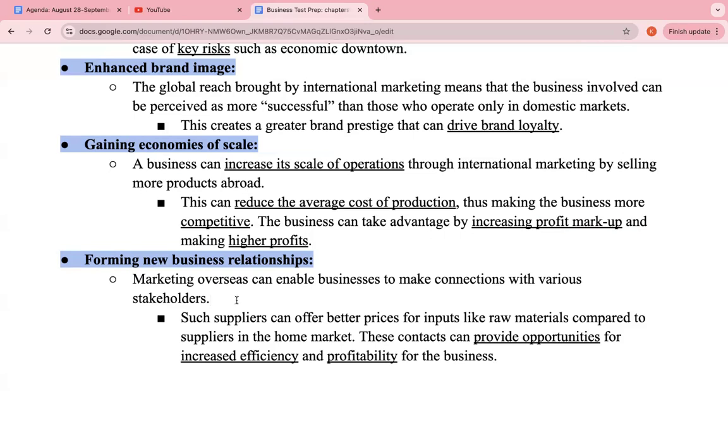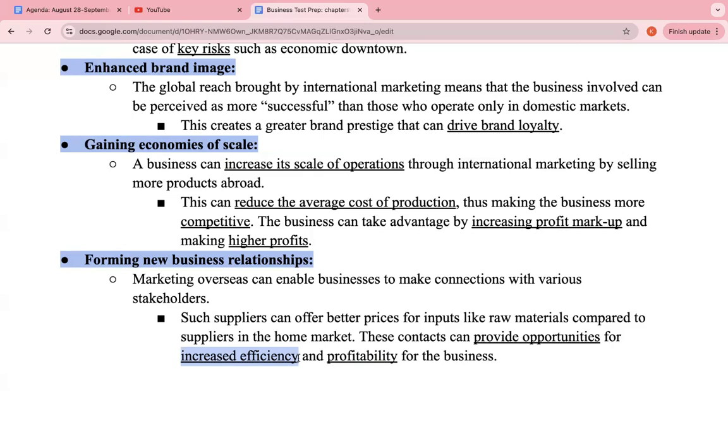So they end up decreasing their costs. Once you decrease your cost, then you increase your profit. These contacts can provide opportunities for increased efficiency and profitability for the business. Profitability, in the idea that their costs decrease so the profit increases, but increased efficiency as well, is that within the given time frame and the amount of raw material they have, they can produce more car engines.